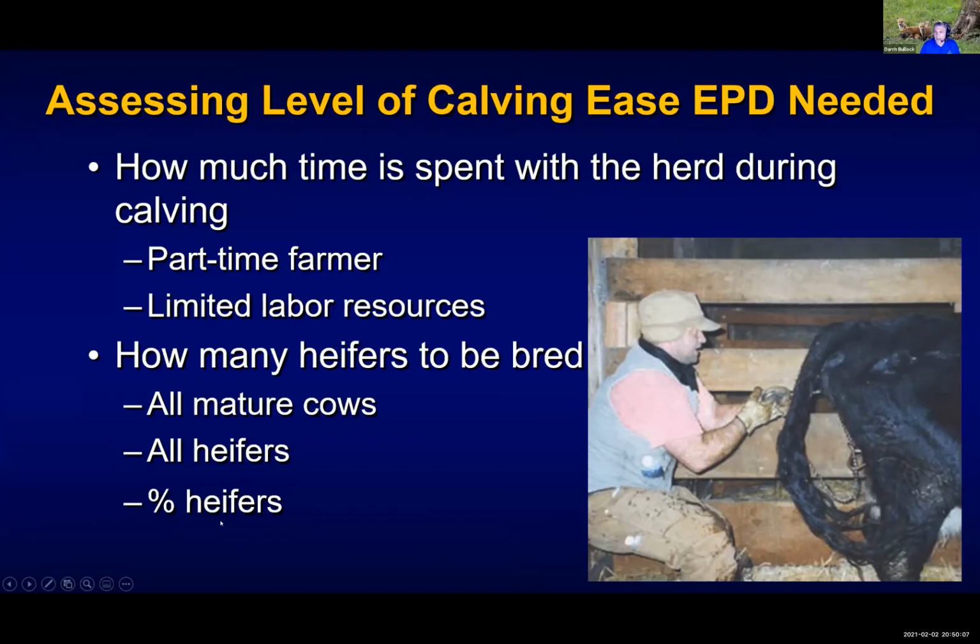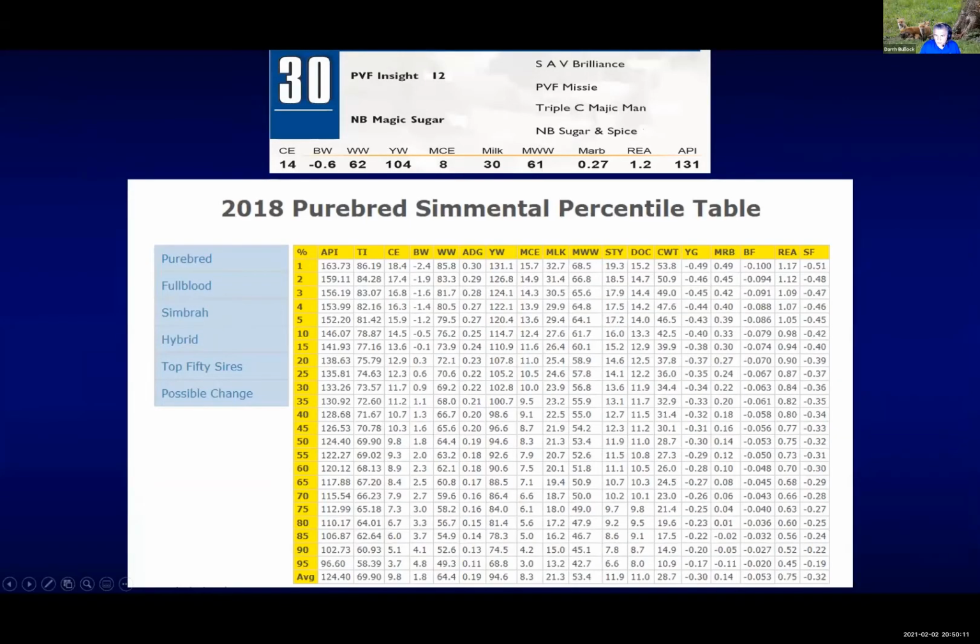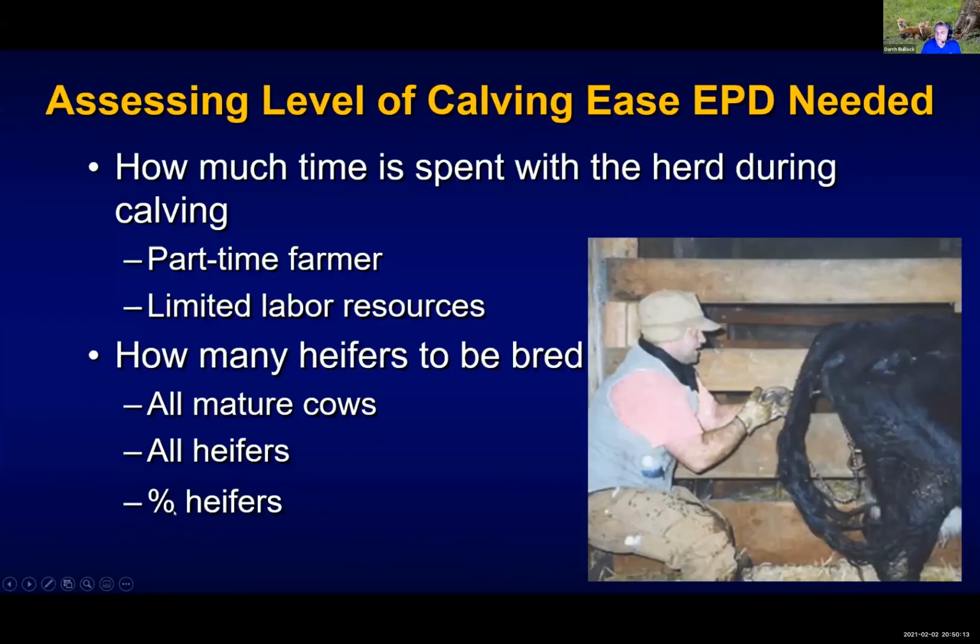So overall, look at it as the percent of heifers. You're breeding this bull to 30 females. Well, are two of them heifers? If so, then I'm going to treat it pretty close to all mature cows, but maybe a little bit extra calving ease just to help out those couple of heifers, and definitely would want to keep a closer eye on those heifers, particularly as they look like they're approaching calving.